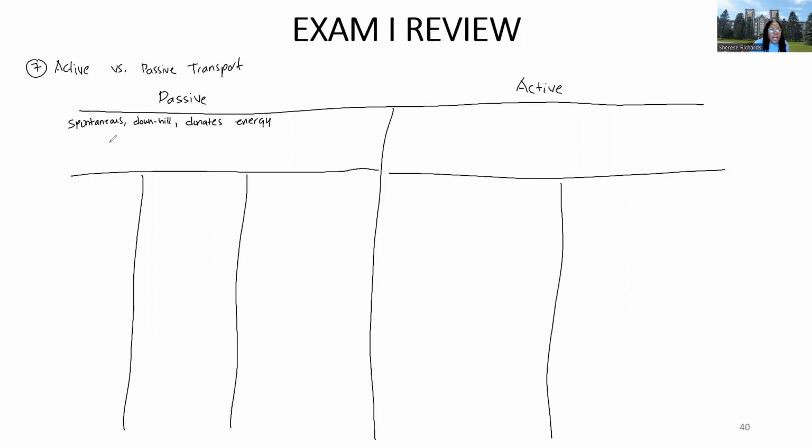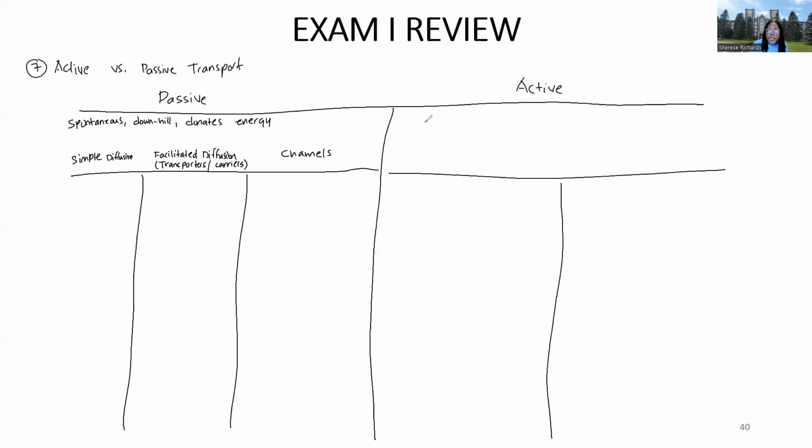The types of passive transport were simple diffusion, facilitated diffusion, and channels. Here I'm going to put transporters, otherwise known as carriers. And remember, carriers played a more active role in that transport process than channels, for example.